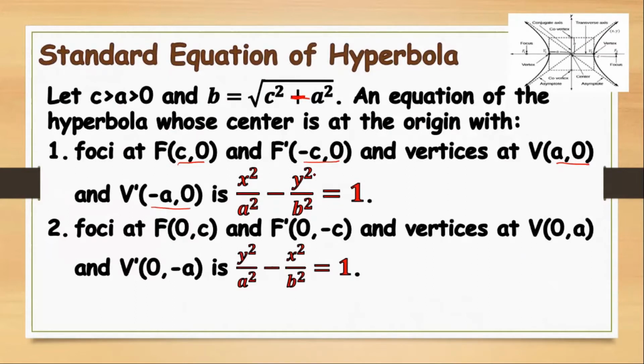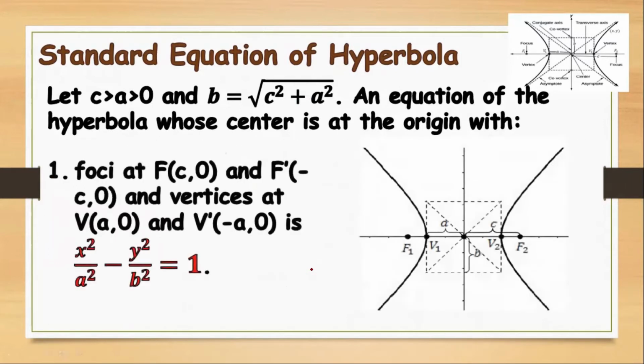And if the center is at the origin but the foci are at (0, c) and (0, negative c), and vertices at (0, a) and (0, negative a), then our standard form of equation is y squared over a squared minus x squared over b squared equals 1.